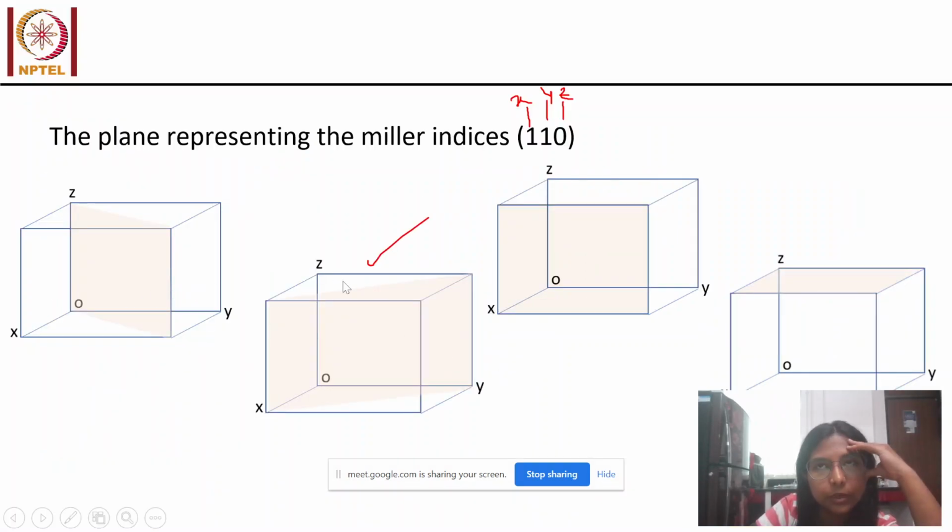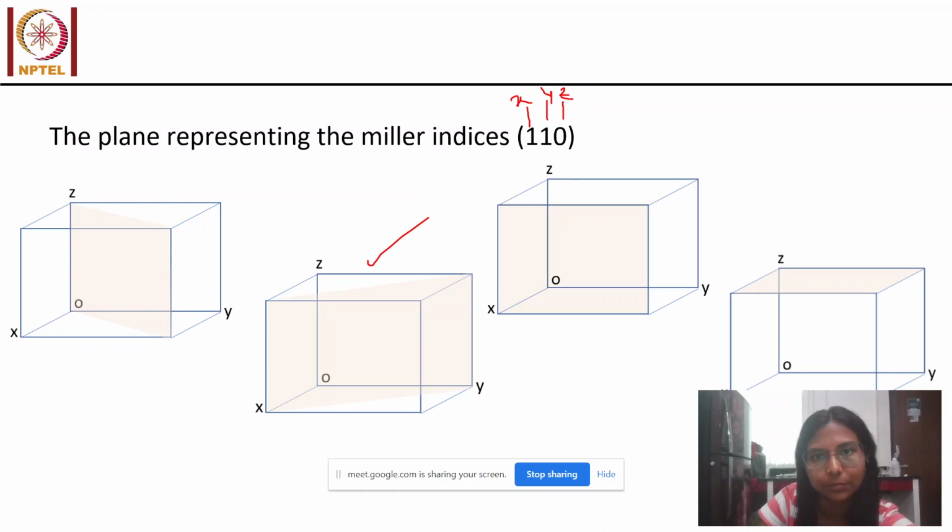I'm just saying it so that if someone else has this question when they see the video: when we have a plane which is parallel to some axis, it means it is never cutting that axis. In other words, it is cutting that axis at infinity. Then if we take the reciprocal, it becomes zero. So that's all.